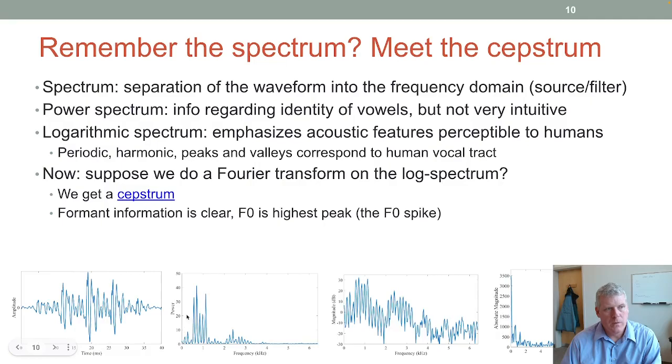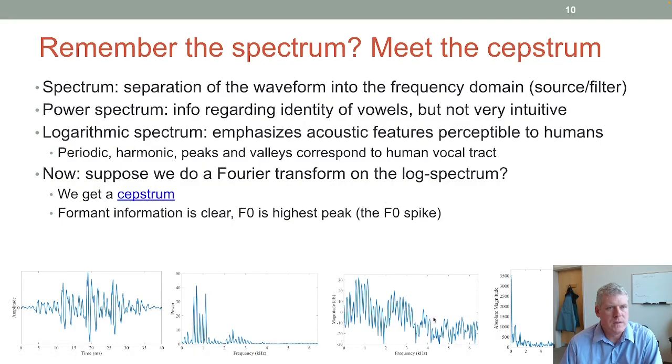We take the logarithm of those values, we get a smoother thing here. And then if we do a Fourier transform on that, we can get what's called a Cepstrum. And it is another way of highlighting different parts of the sound signal. Okay. And so yeah, the power spectrum down here, the second one, gives info, especially regarding the identity of vowels, but it's not very intuitive.